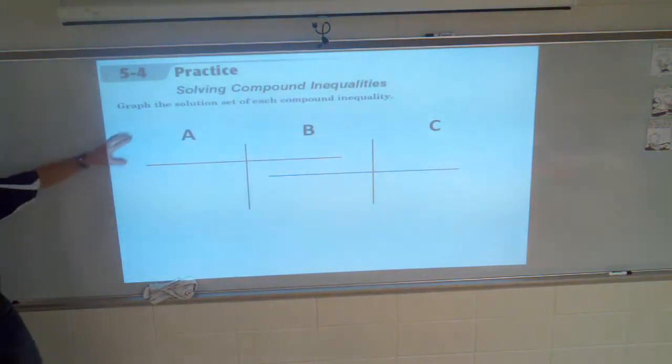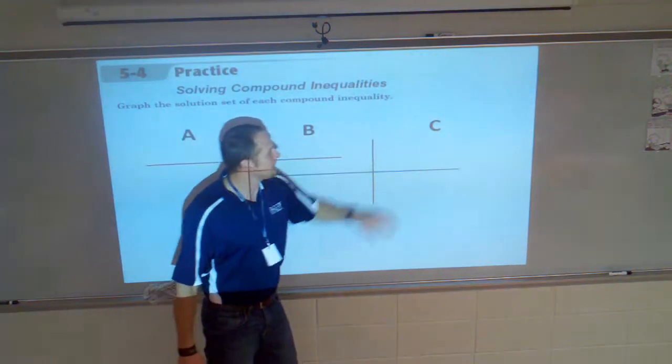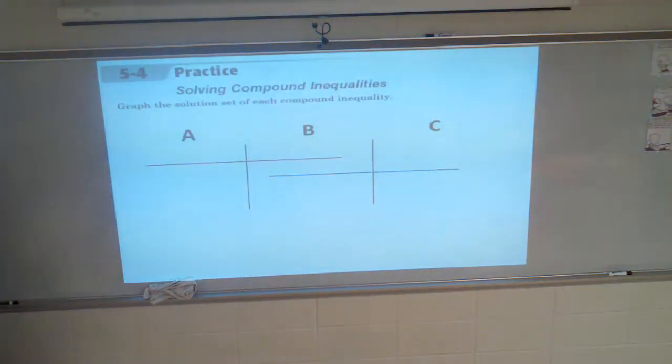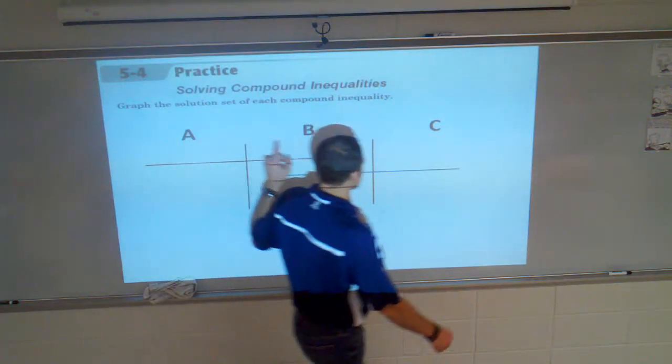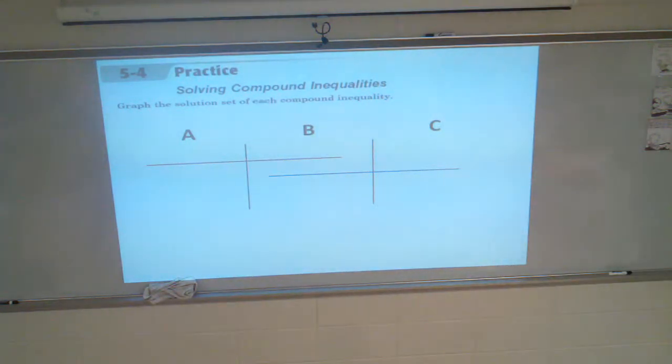Right? I've got 3 areas up here, A, B, and C. Which one has a red? I want you to, on your whiteboards, list every zone that has a red line or a blue line. So if there is a red line or a blue line, just list the letters.